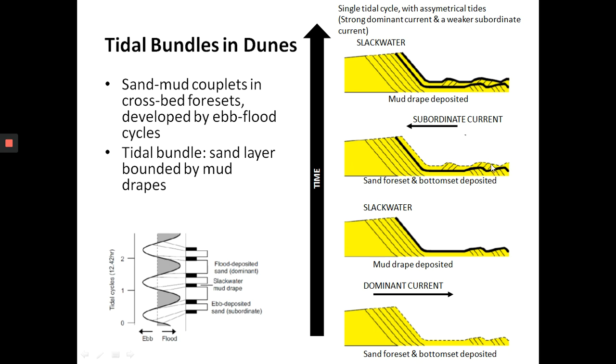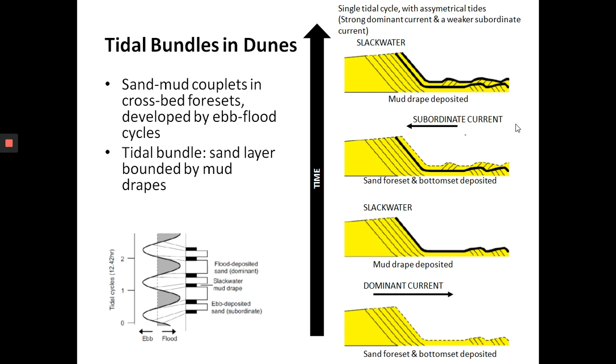You get another sand layer being deposited on top of your mud drape, and then another slack water period, and you get deposition from a single tidal cycle. Very similar to tidal rhythmites and tidal heteroliths. It's just that in this case, your layers form associated with crossbeds.